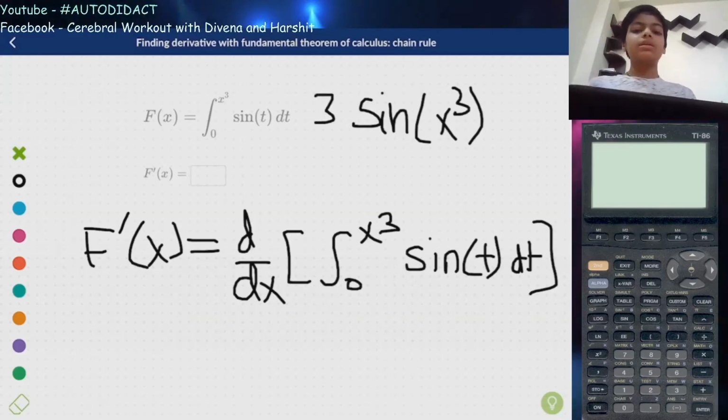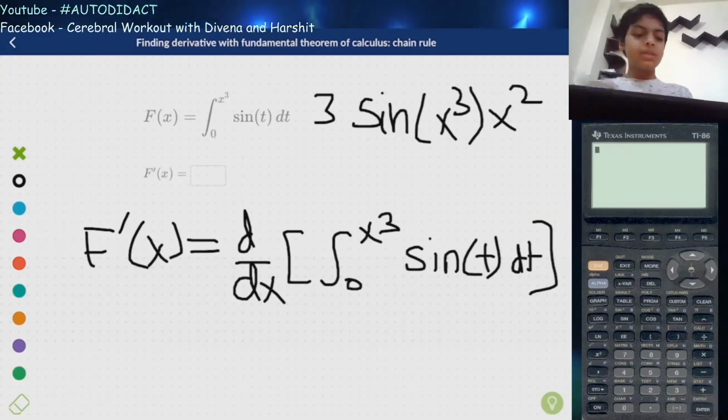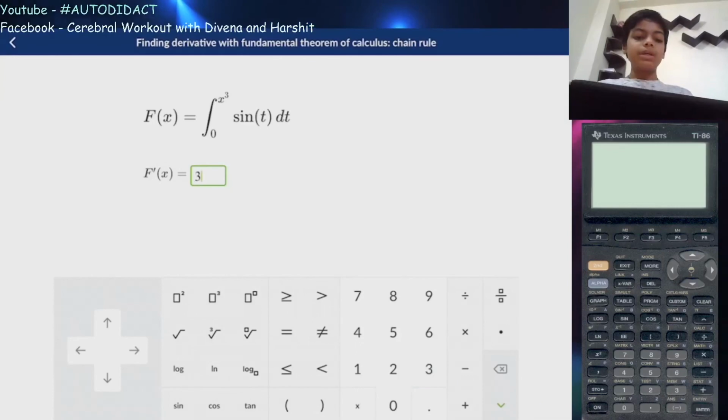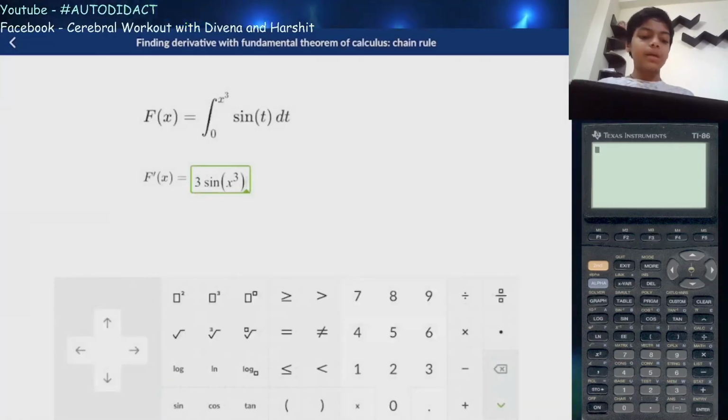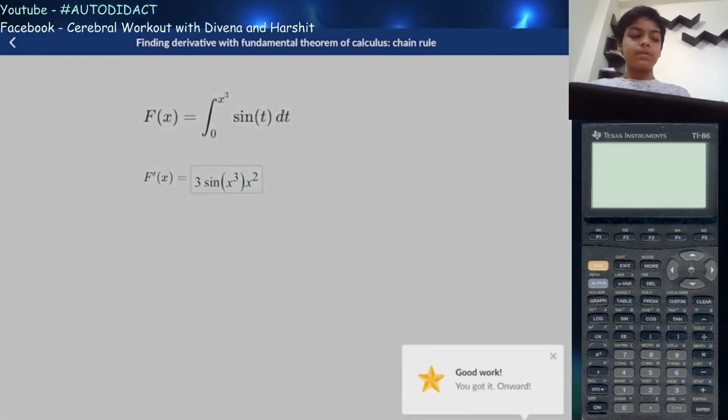So the answer is 3 times sine of x cubed times x squared. Let's check our answer. Correct.